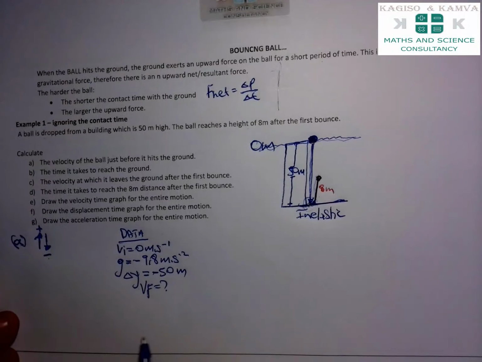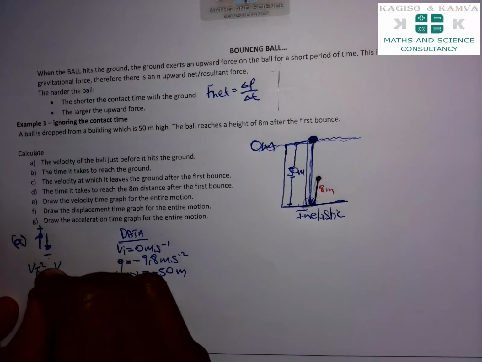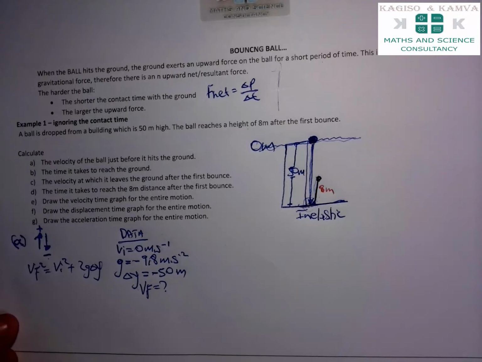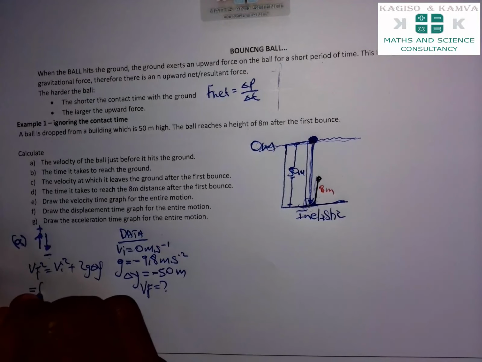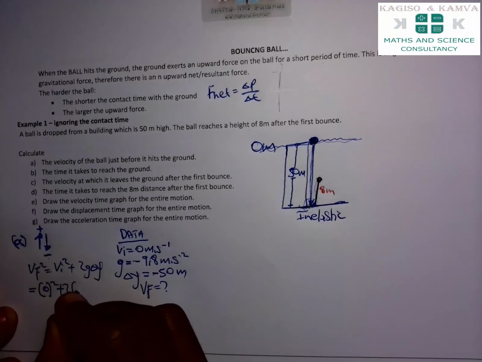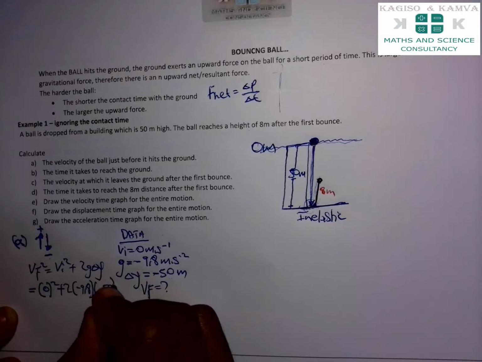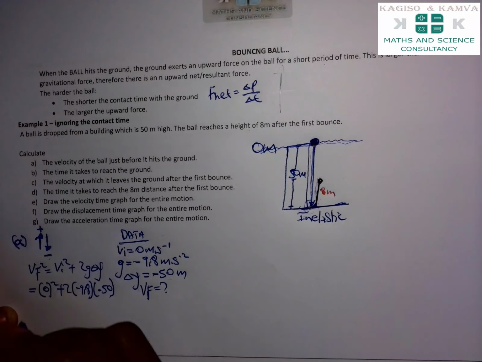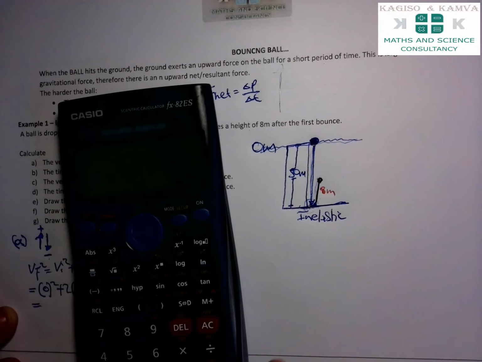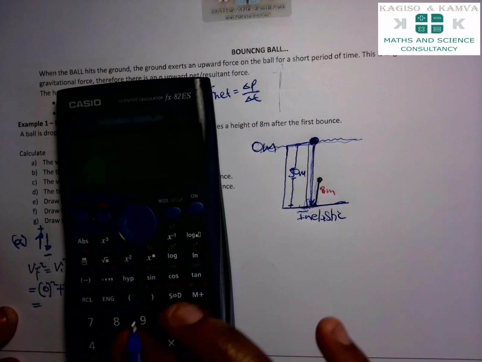So we're going to say VF squared is equal to VI squared plus 2g change in y. So VF squared is going to be equal to 0 squared plus 2 into negative 9.8 into negative 50.